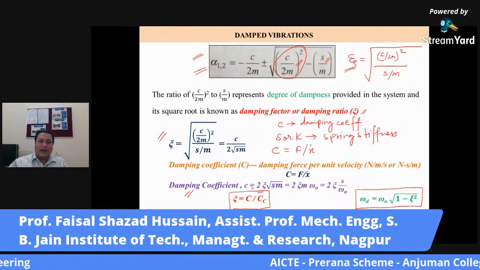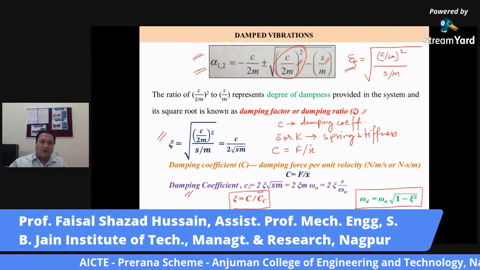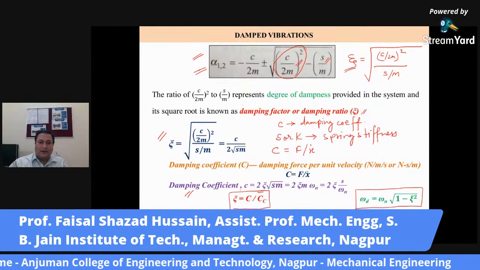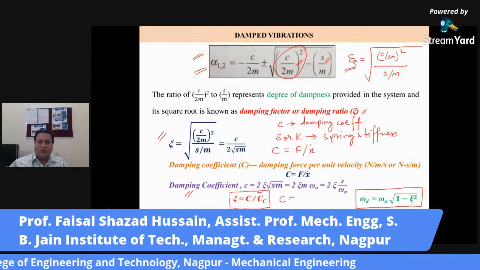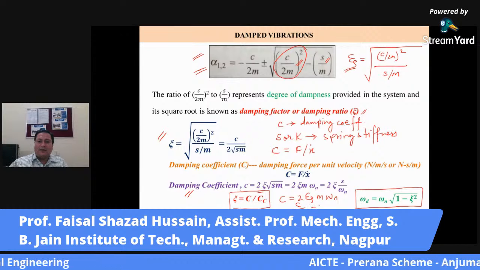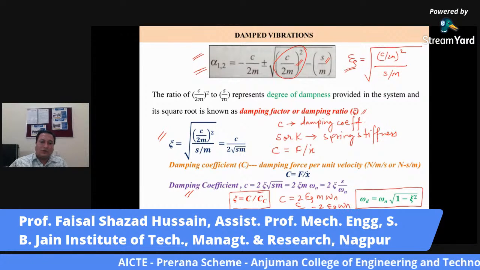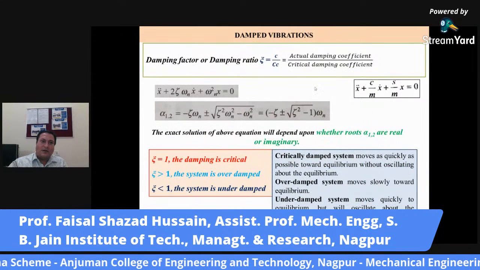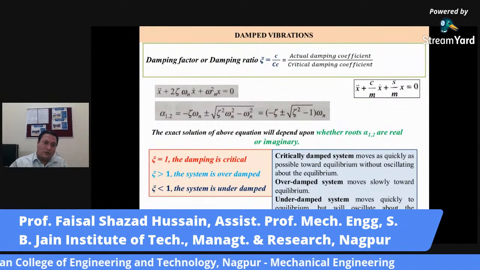So what I am doing is taking m to the denominator. So C by m will be 2 zeta omega n. So here, instead of C by m, we are substituting 2 zeta omega n.